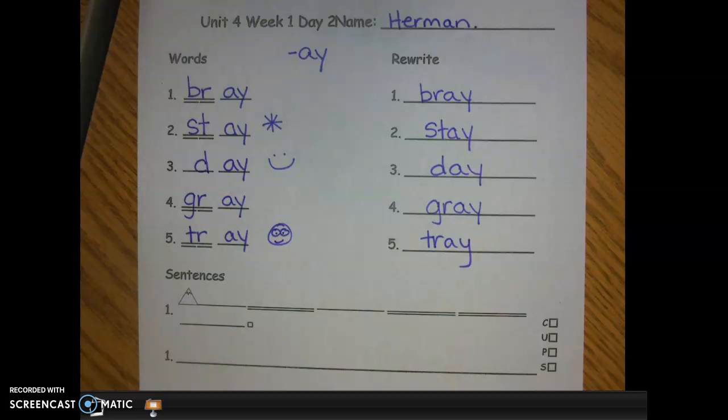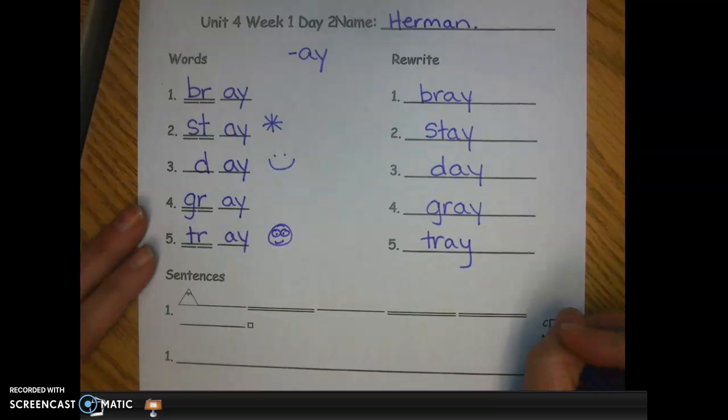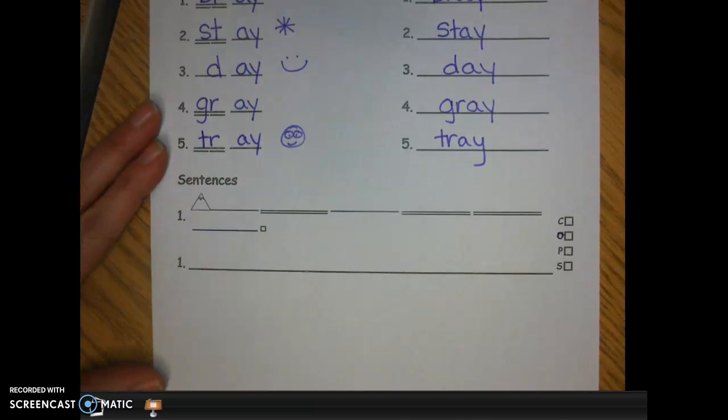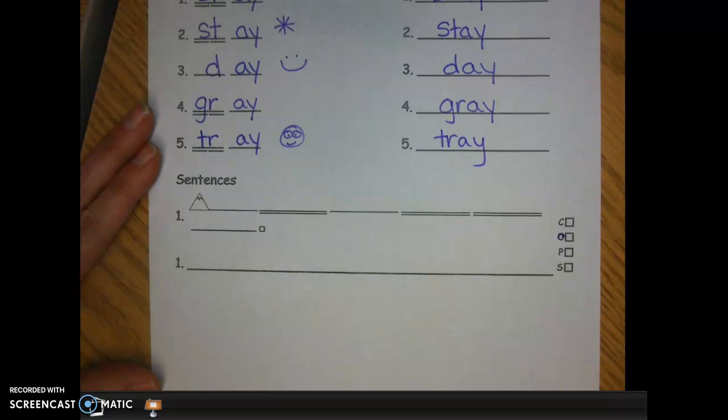And if you notice, we only have one sentence today, so we're going to tap one out, and then you're going to rewrite it. Change your cups to cops. So you're going to check your capitals, organization, punctuation, and spelling. I just said, what does cups mean? Who can tell me what cups means? Jovi, what's C? Capitals. What's O?